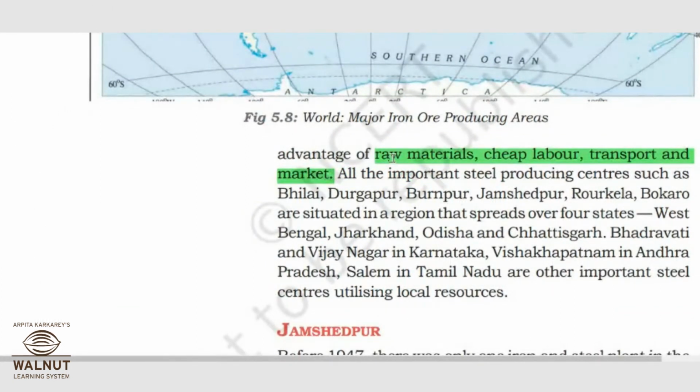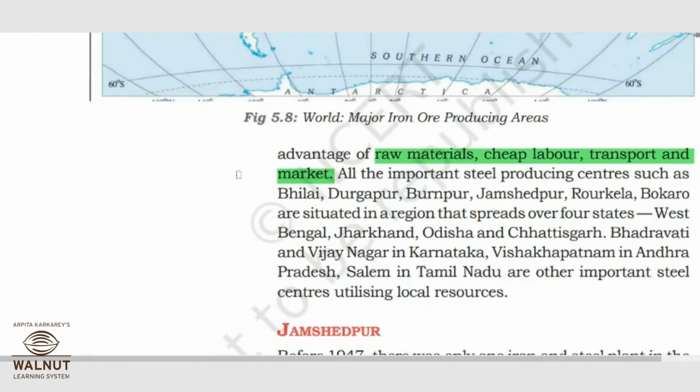In recent years: availability of raw materials, and cheap labor, because not more money should go on hiring laborers. Your industry should not be in such a place where people cannot easily reach. If they have difficulty in reaching, they will charge you more, and you don't want that. So you set up in those countries where the population is poor and they are ready to work at a cheaper rate. This is another factor taken into consideration.